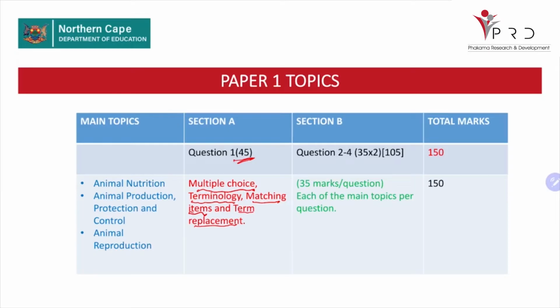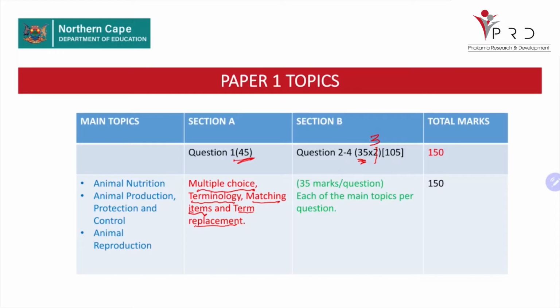Okay, let's continue. Then section B, but we are not going to focus on section B; we'll only look at it in the next presentation. Question 2, question 3, and question 4 have 35 marks each. Let's correct this one: it's supposed to be 35 times 3.